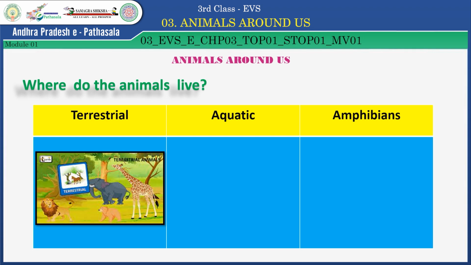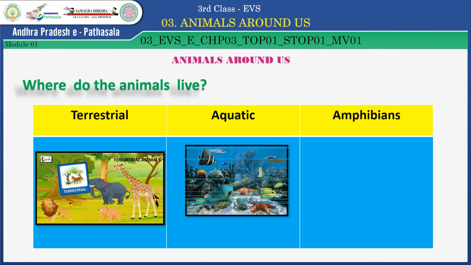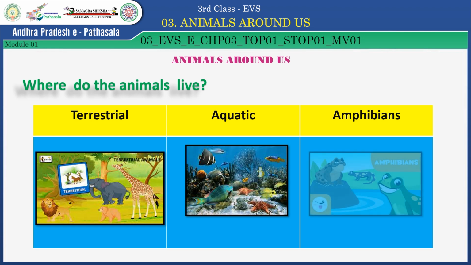Animals like fish that live in water are called aquatic animals. Animals like frog that live both on land and water are called amphibians. Try to solve the question in the next slide.